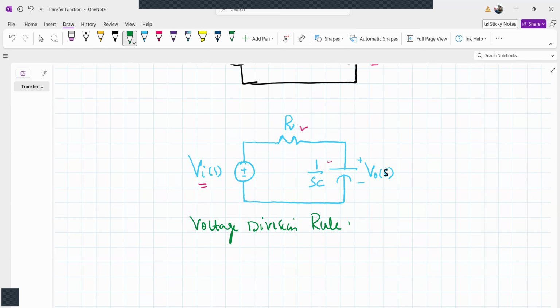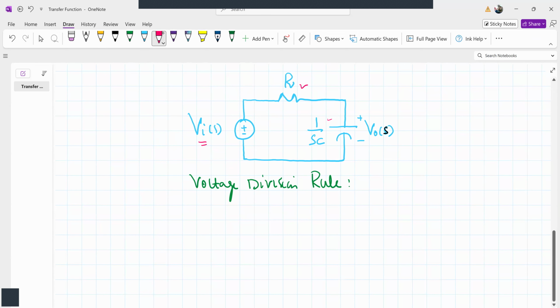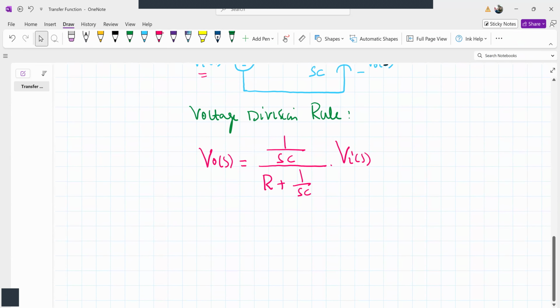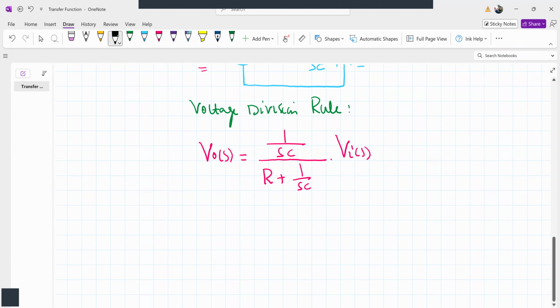V naught of S, the voltage across the impedance 1 by SC, is the impedance of the element divided by the total impedance, R plus 1 by SC, multiplied by the source voltage. Simplifying this equation, we get V naught of S multiplied by (1 plus RCS) equal to Vi of S.